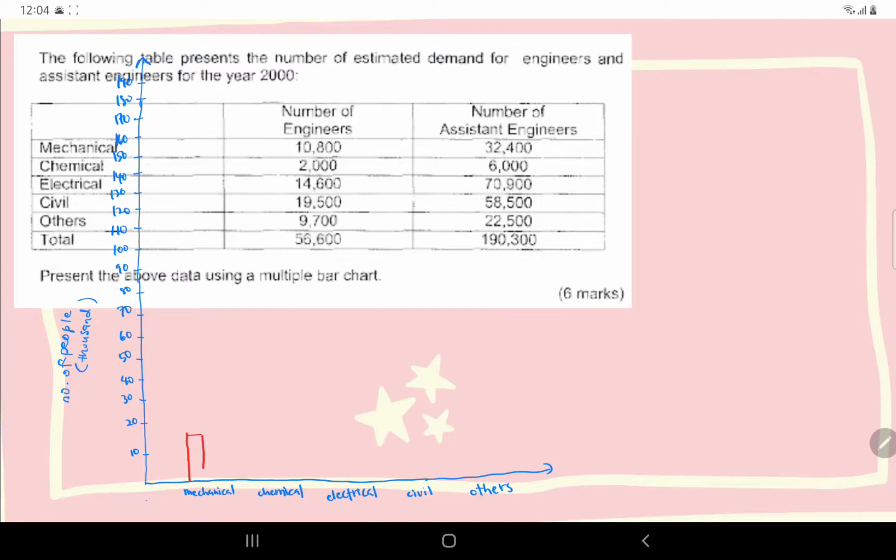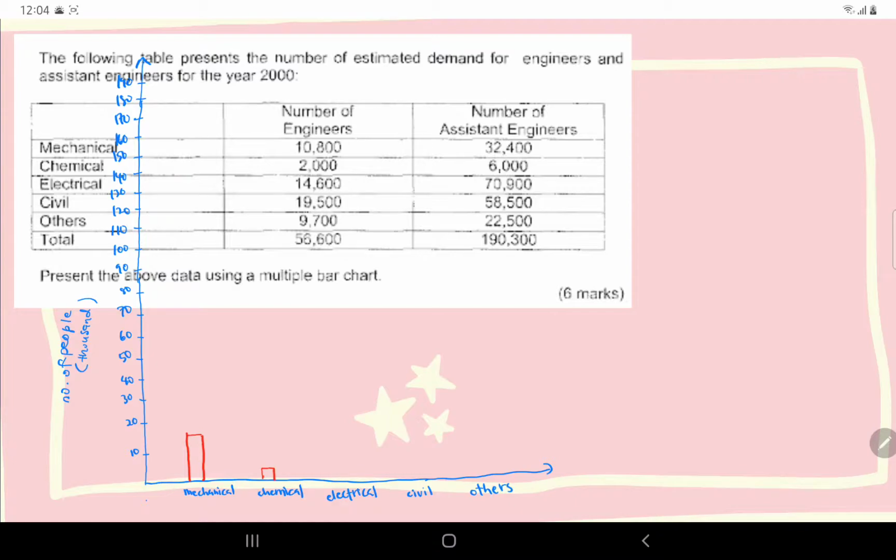Please draw your chart with your ruler, so it will become nicer. Okay, this is the number of engineers, which is 10,800, and then the number of engineers in chemical is 2,000. So 2,000 is just here.